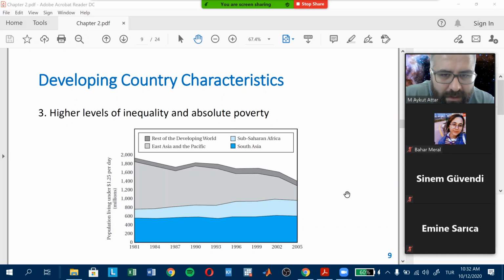As you see, in sub-Saharan Africa and in South Asia, the shares are somewhat stable, slightly increasing in sub-Saharan Africa after the 90s.